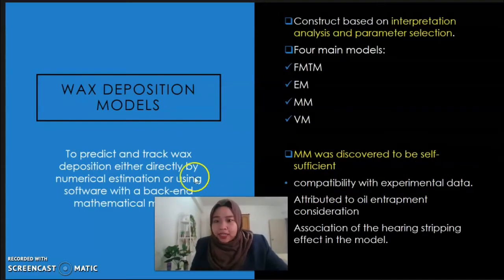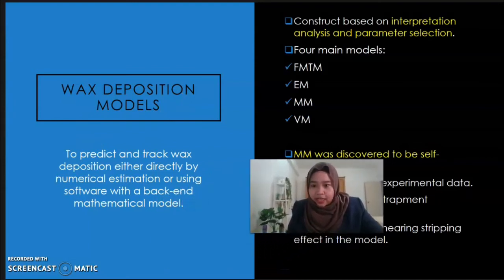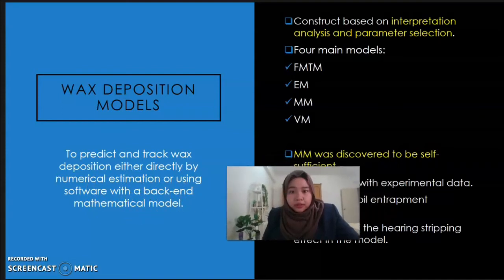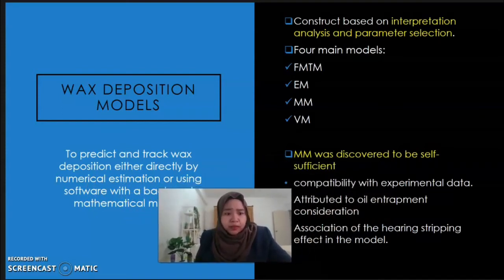Last but not least is the wax deposition model. It is used to predict and track wax deposition either directly by numerical estimation or using software with a back-end mathematical model. Models of wax deposition are constructed based on interpretation, analysis, and parameter selection. There are four main models to predict and monitor wax deposition.